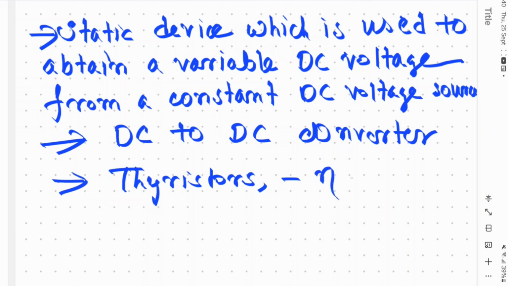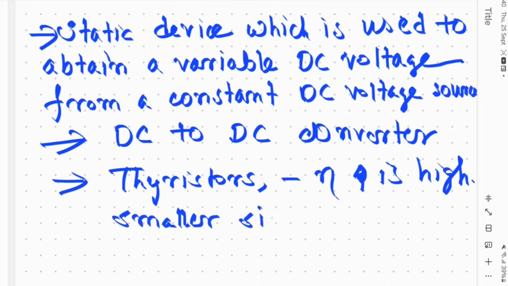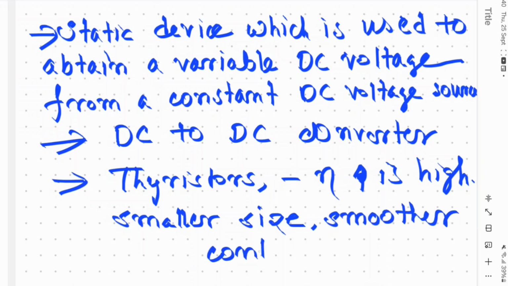So efficiency is high, then smaller size and smoother control. So these are the advantages of a DC to DC converter or chopper.